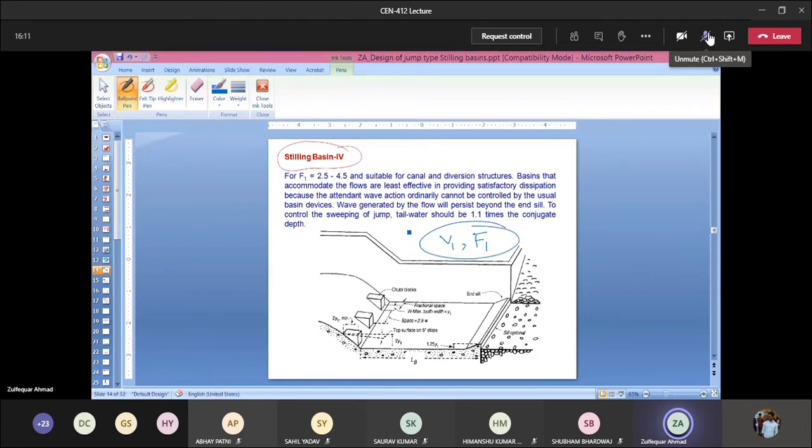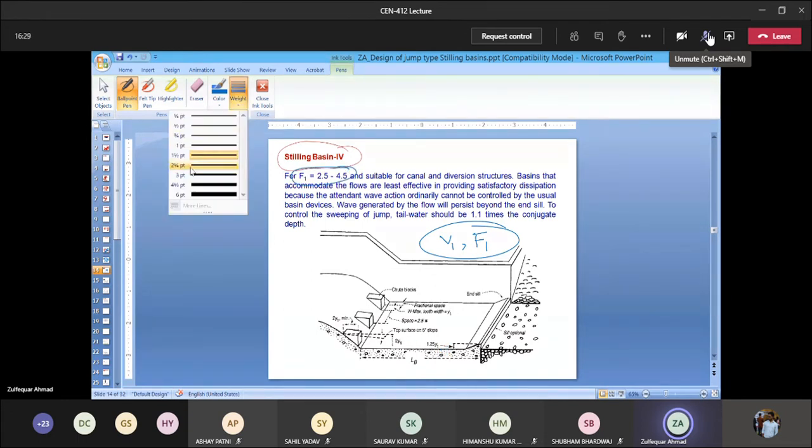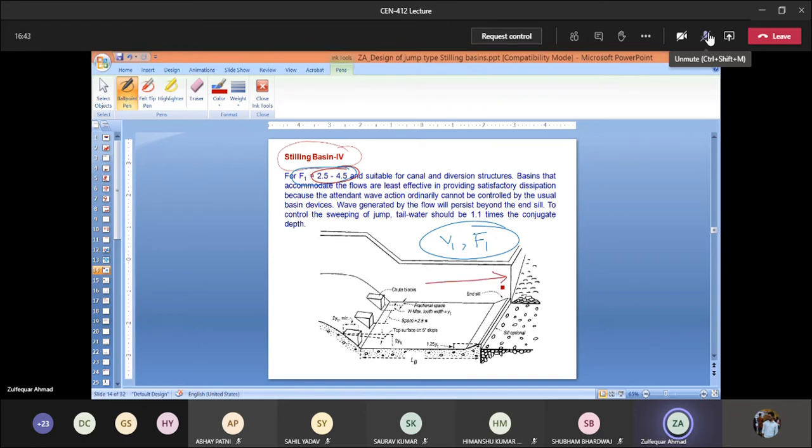The type of the basin is decided on the basis of the pre-jump velocity and the pre-jump Froude number. This type of basin is provided where the Froude number is in the range of 2.5 to 4.5, right? And in this case, there is a chance of the movement of this hydraulic jump in the downstream.